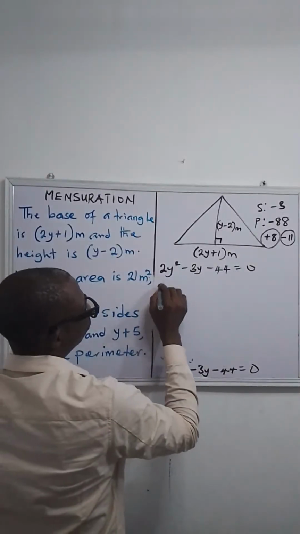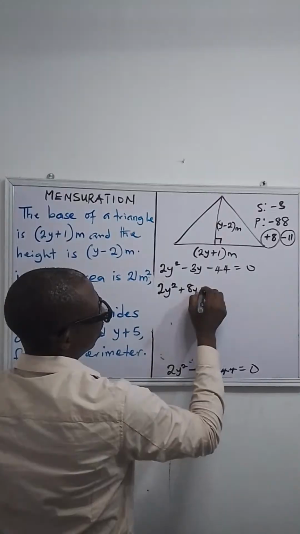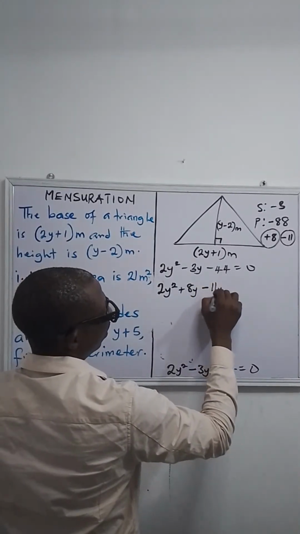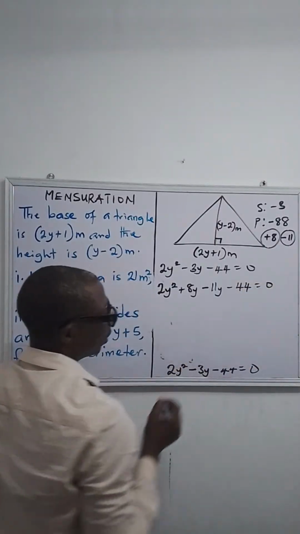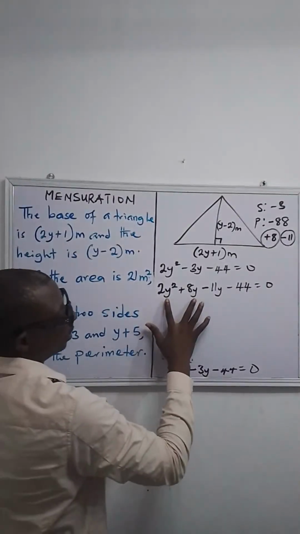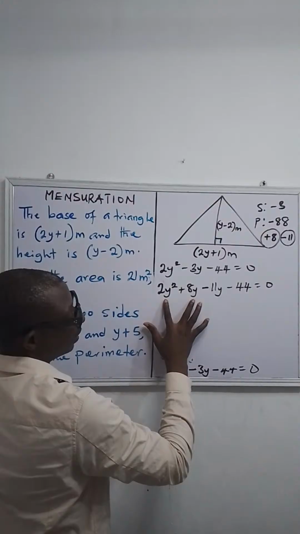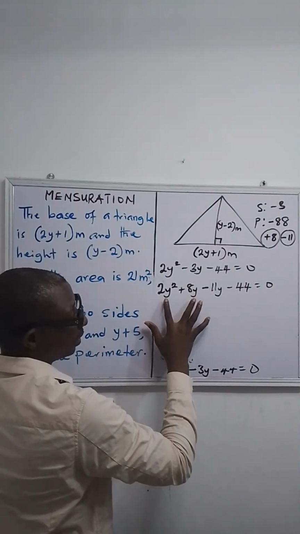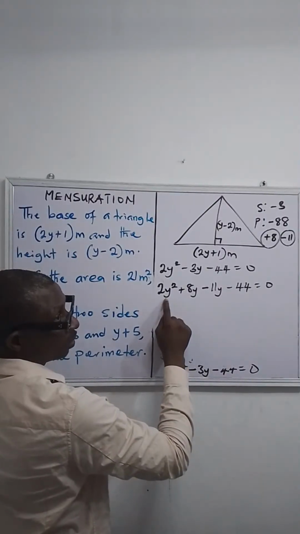We have 2y squared plus 8y minus 11y minus 44 equals 0. Can you see that? Now look at the first two terms here. Let's find the GCD, the greatest common divisor. The greatest common divisor here is going to be 2y.